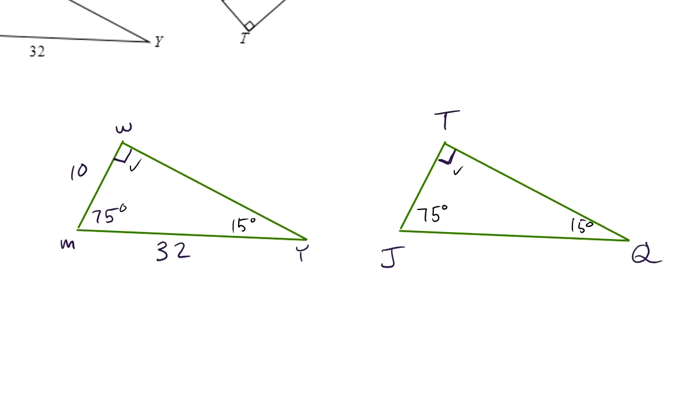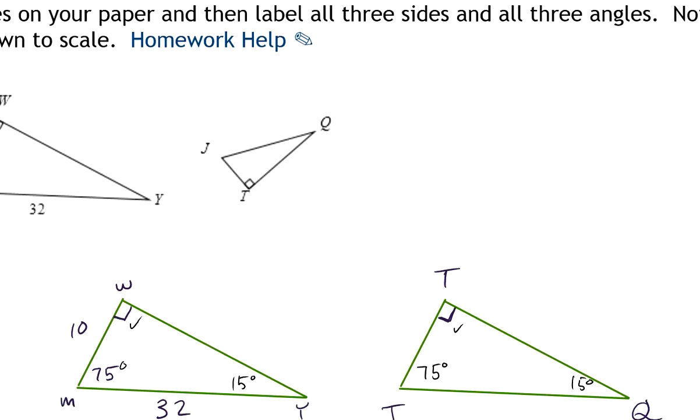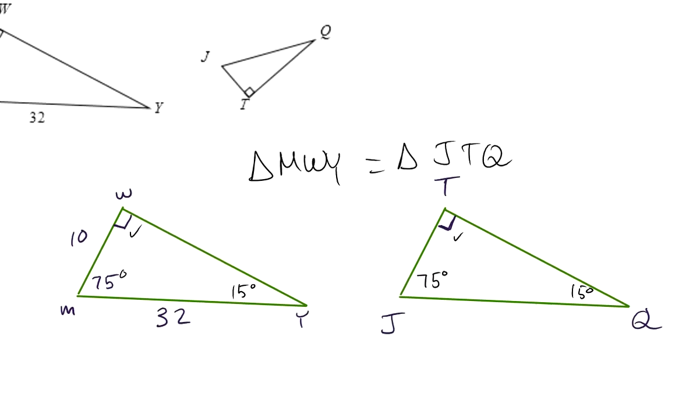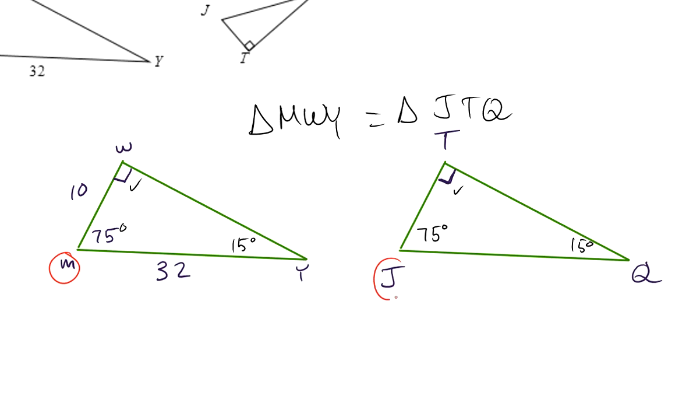The other thing that has to be true is since they're congruent to each other, and in fact, notice the congruency. They said triangle MWY has to be congruent to triangle JTQ, J to T to Q. So the way that we're going about this, the M goes with the J. You can see those are in the first spots.